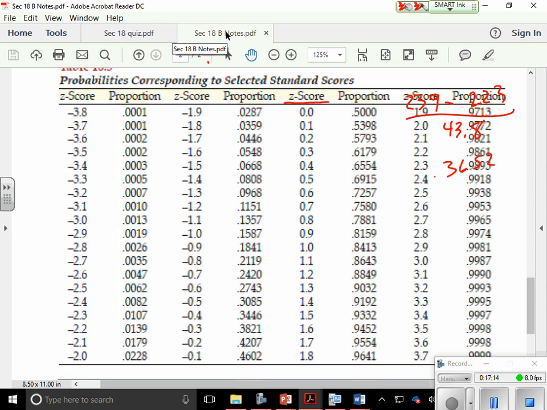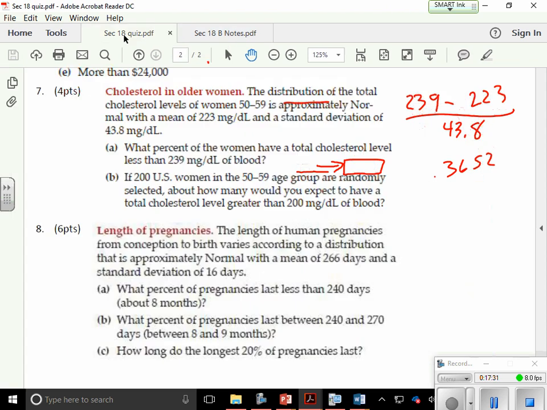The Z-score column, not the proportion column. 0.36 would be closer to 0.4. This would be my proportion, which would shift to 65.54%. That's my Z-score. That's equivalent to 65.54%. That is the percent below, which is what they asked.